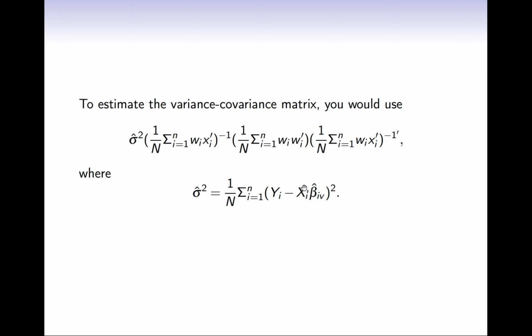The sigma squared is not known, so using the IV estimator, you can compute the residuals, epsilon i hat, and estimate the sigma squared. This is how you'd get the variance covariance estimator for the beta hat IV.